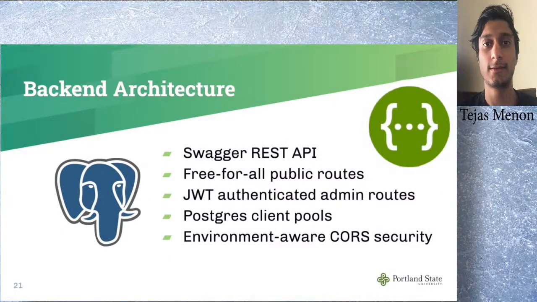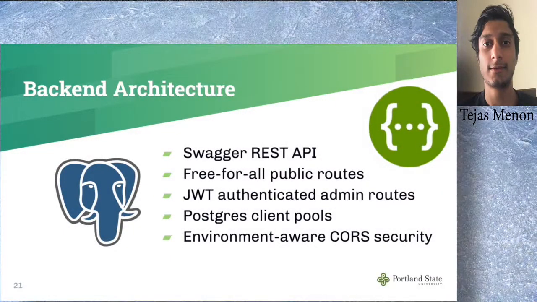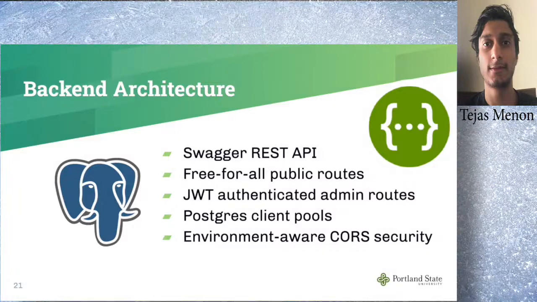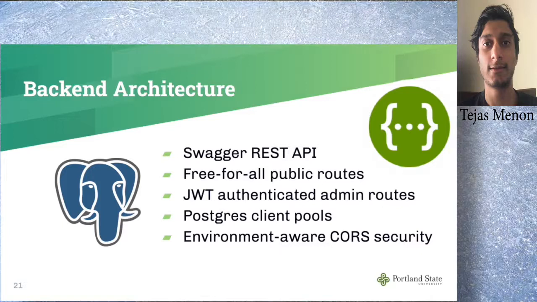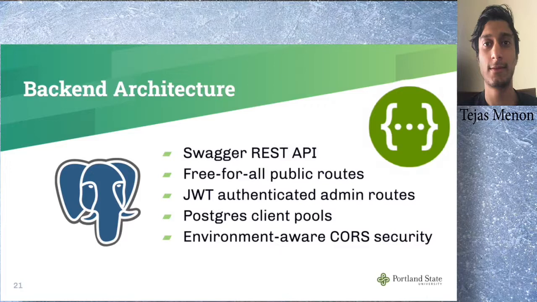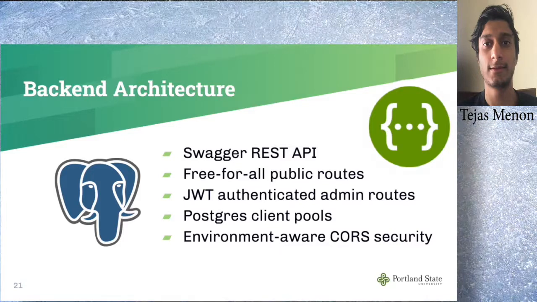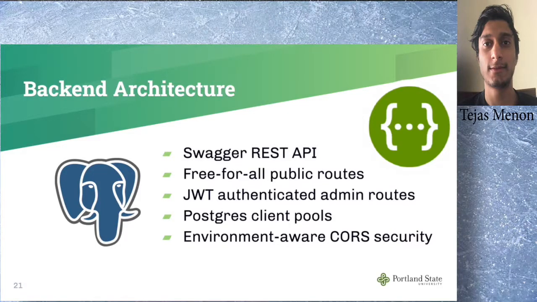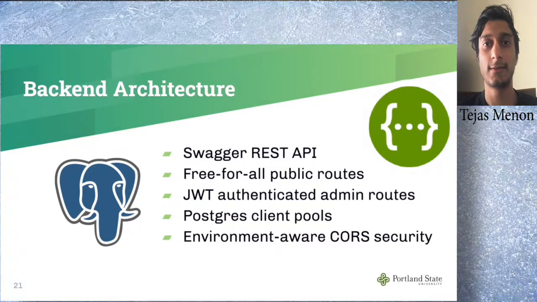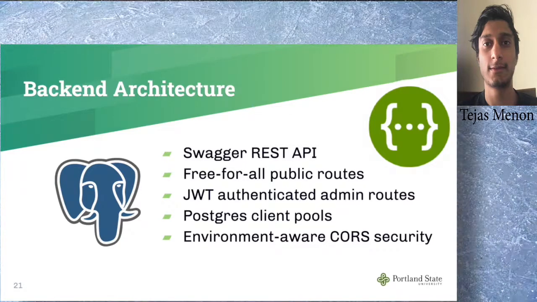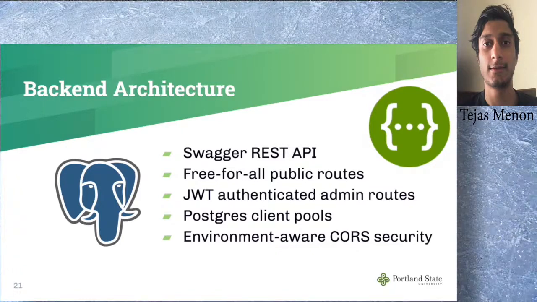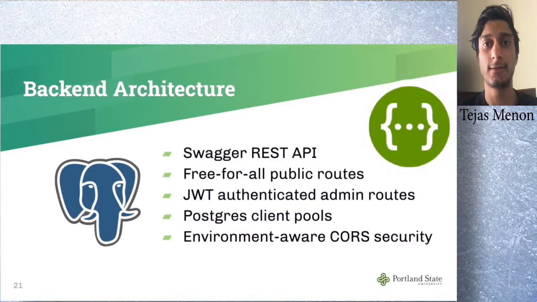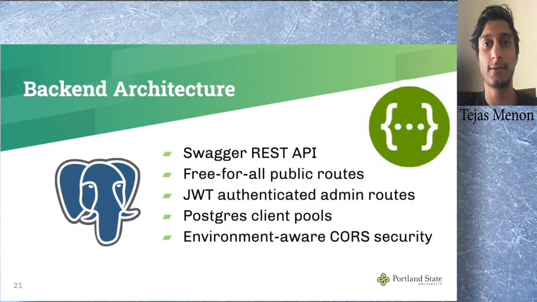On the backend, we have a Swagger REST API to serve public and admin routes. Admin routes to modify and add table data need to be invoked with authenticated JSON web tokens, but the public GET routes are not protected in such a way. The architecture is such that a Postgres pool of clients is generated, up to a maximum of 20 at the same time, and dispensed once for each connection to the backend.